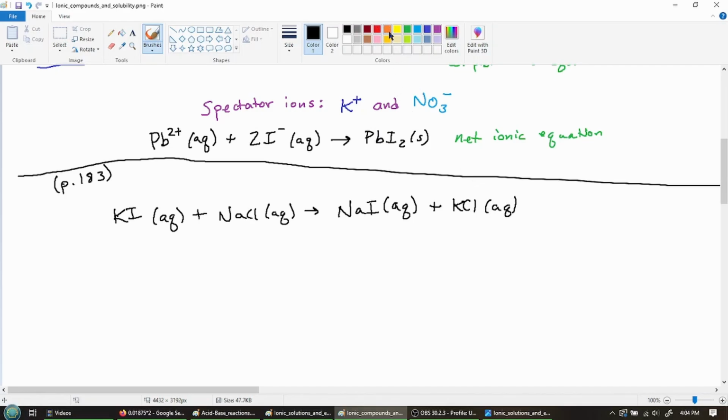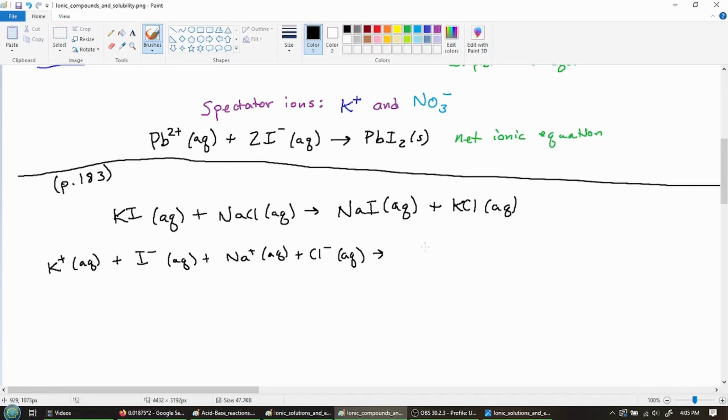So let's write the complete ionic equation here. We're going to have K+ aqueous plus I- aqueous plus Na+ aqueous plus aqueous chloride here.